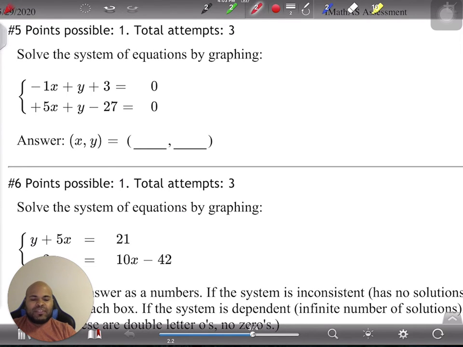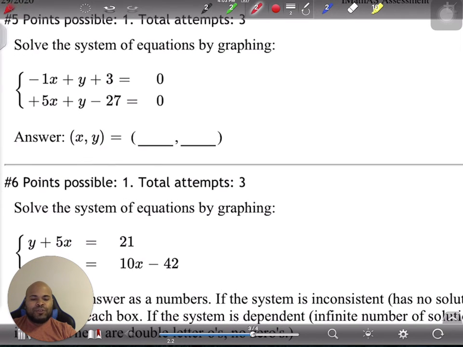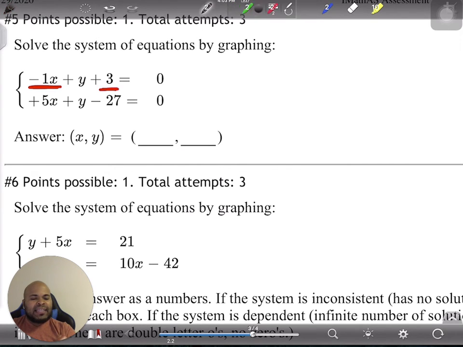Number 5, solve the system of equations by graphing, because it looks weird. But you can do this. All you have to do is rewrite this equation in the y equals mx plus b form. In the top, it looks like x is on the left and my constant is also on the left. All I have to do is move them to the right side of the equal sign, and that will change the sign.